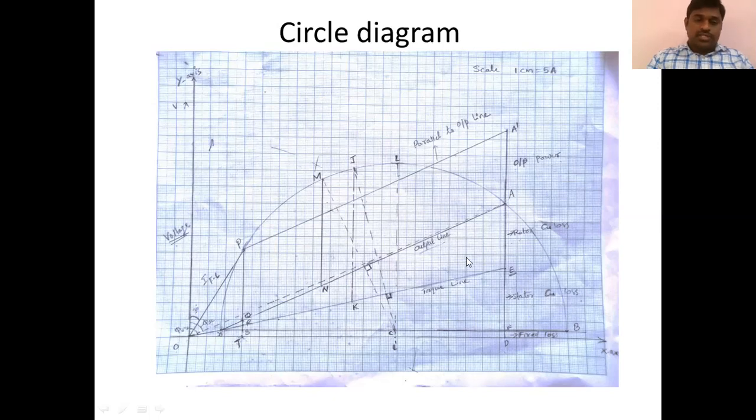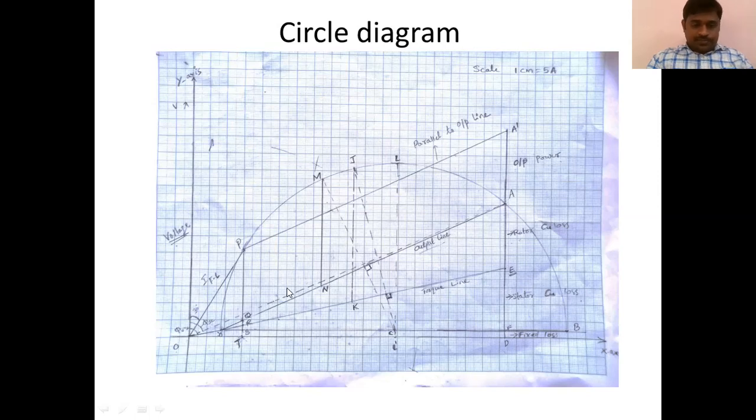Taking more than half the distance of O dash A, I am drawing these arcs here and here. If you join these two arcs, that will cut the O dash B line at point C. This is your center point. With O dash C as the radius, draw the semicircle.